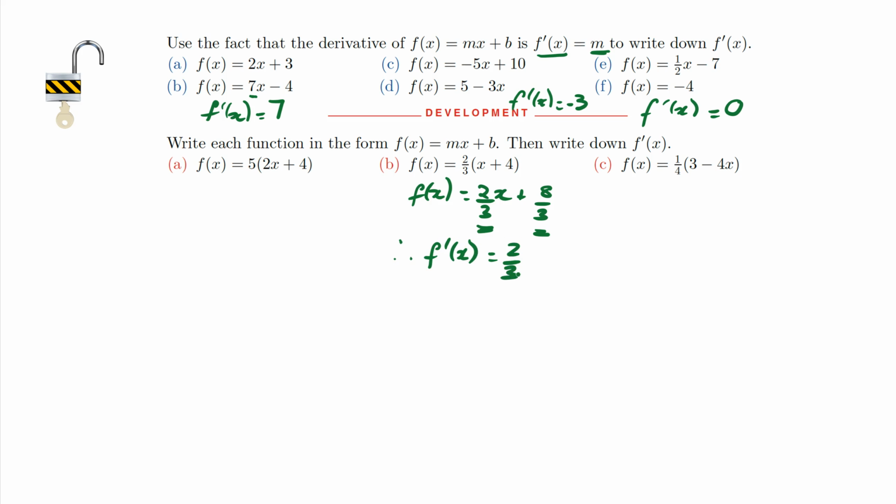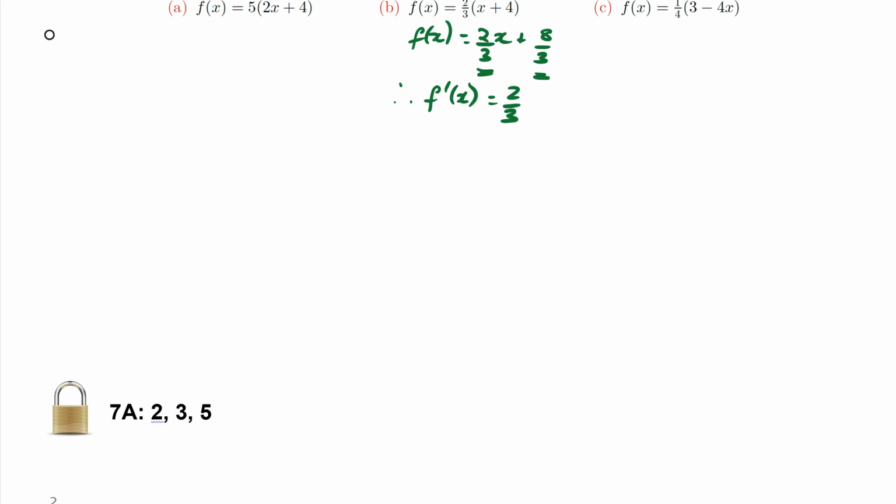Now we'll see later on that basically we've just uncovered two rules of differentiation, two ways to find the derivative, and that is that if we differentiate a constant, so no x's, the answer is always 0. If we differentiate a term with a single power of x, the derivative is always just the constant in front of the x. Just a few warm-up exercises out of 7a.